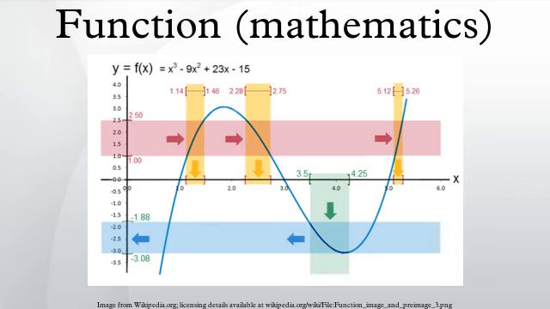Functions are commonly defined as a type of relation. A relation from X to Y is a set of ordered pairs (x, y) with x in X and y in Y. A function from X to Y can be described as a relation from X to Y that is left total and right unique. However, when X and Y are not specified, there is a disagreement about the definition of a relation that parallels that for functions.